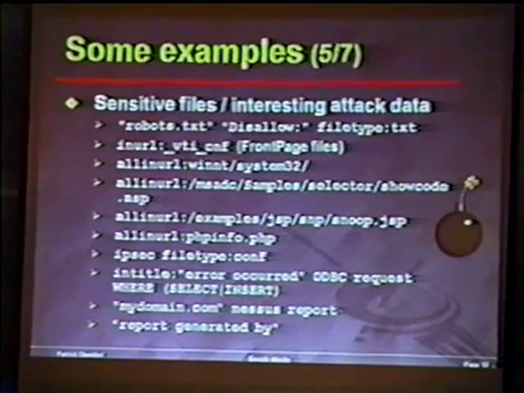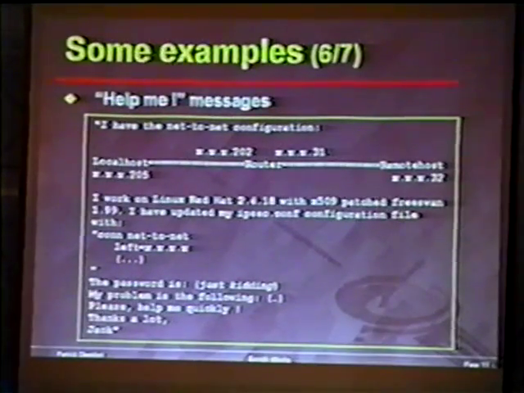So I've already used some of these searches, and it was very, very funny sometimes what you can find during pen tests. For example, you can find some help messages. In fact, this is a slightly modified real example.